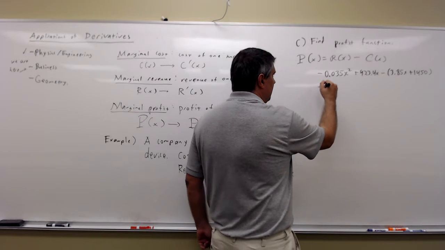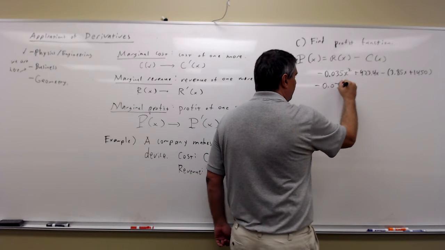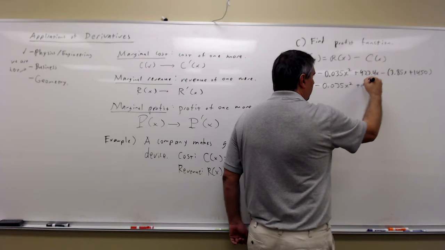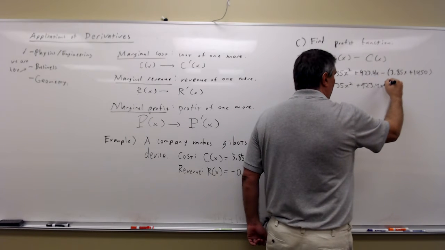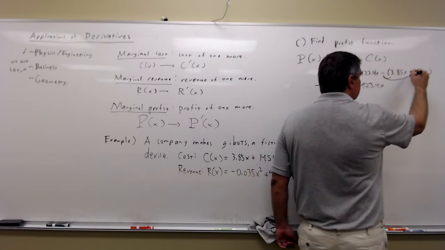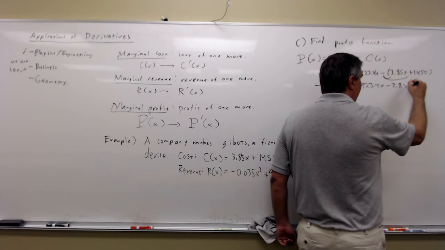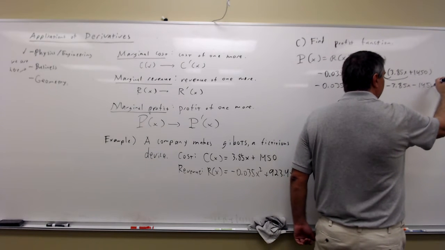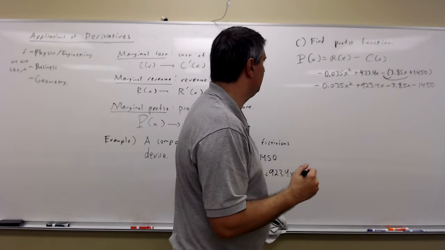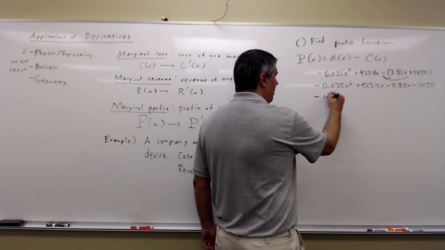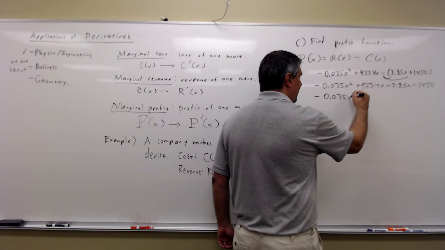So, negative 0.035x squared plus 923.4x, distribute this, negative 3.85x minus 1450, which is negative 0.035x squared.